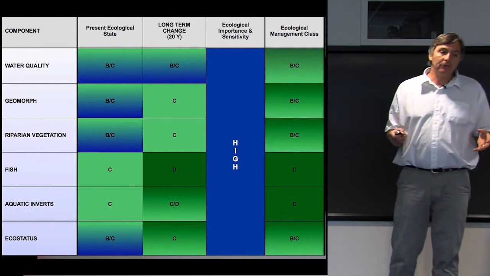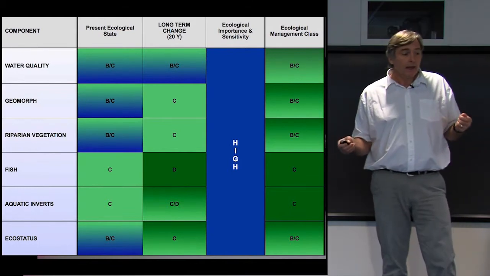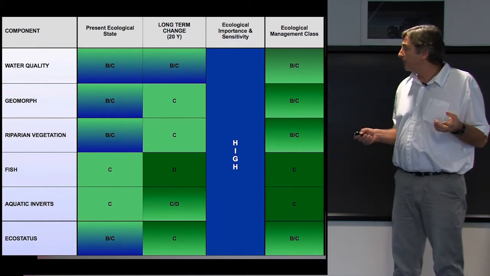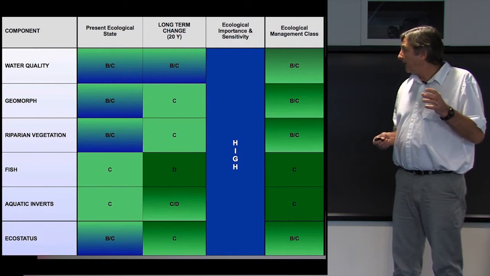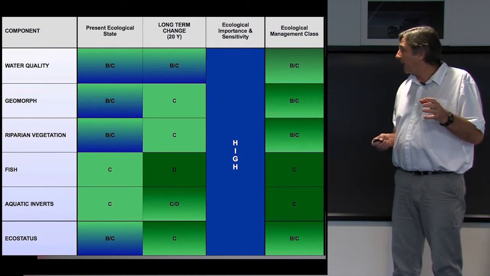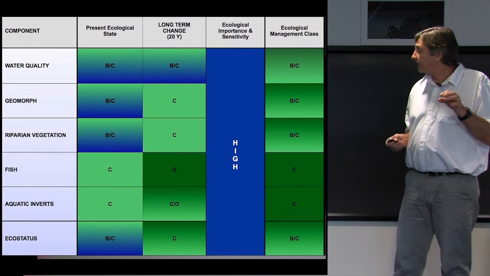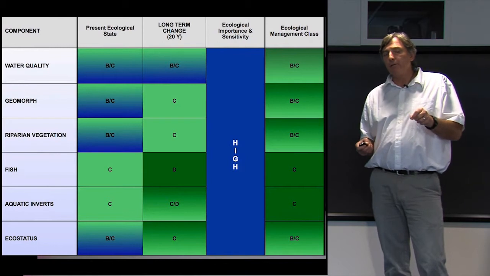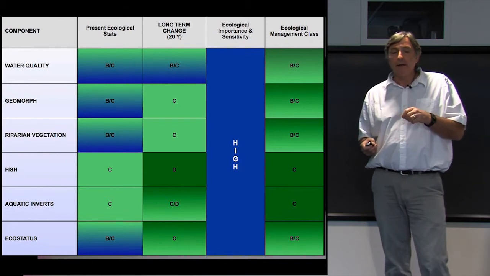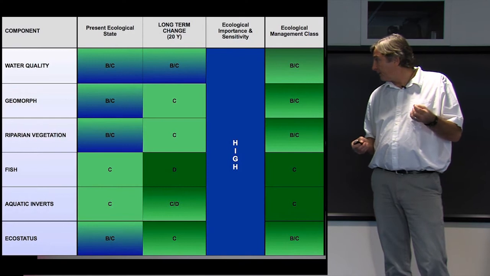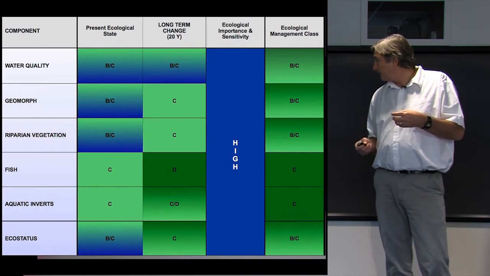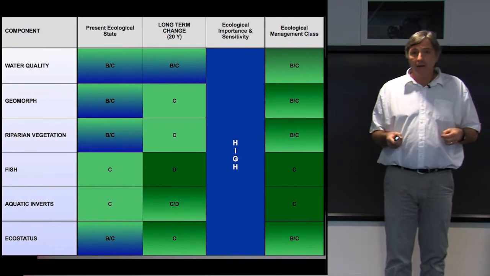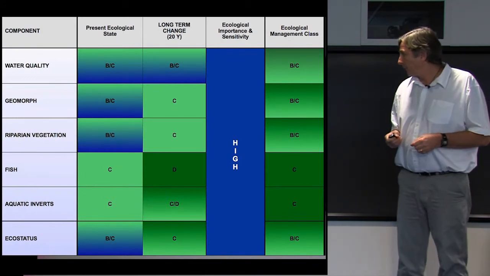So in other words, if the management of the river goes on as it has been, what would be the change over the long term? And there you can see in terms of the geomorphology, that the prediction would be that there's a negative change where the present ecological state is a BC class in terms of A being natural, B slightly modified, C moderately modified, D significantly modified, well, it doesn't go beyond that in this case, but it could go to E or F, which are very severely modified.